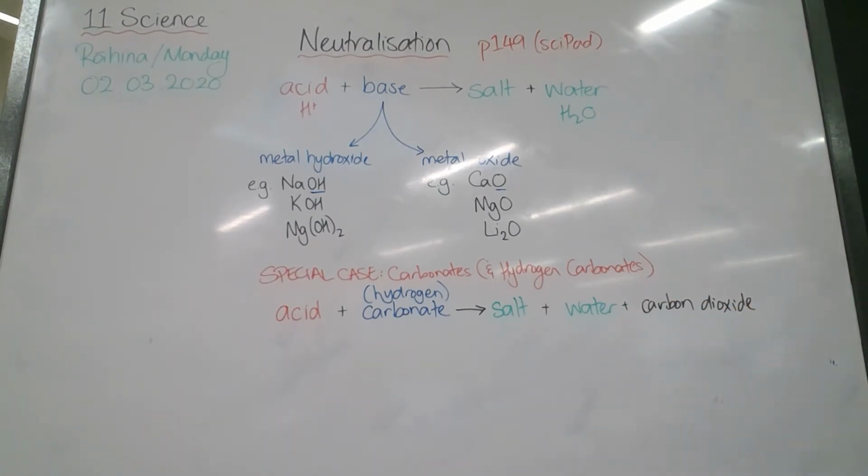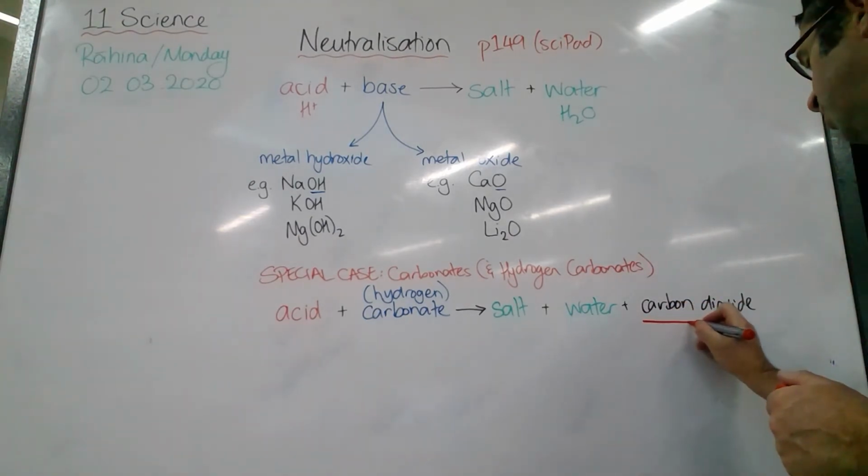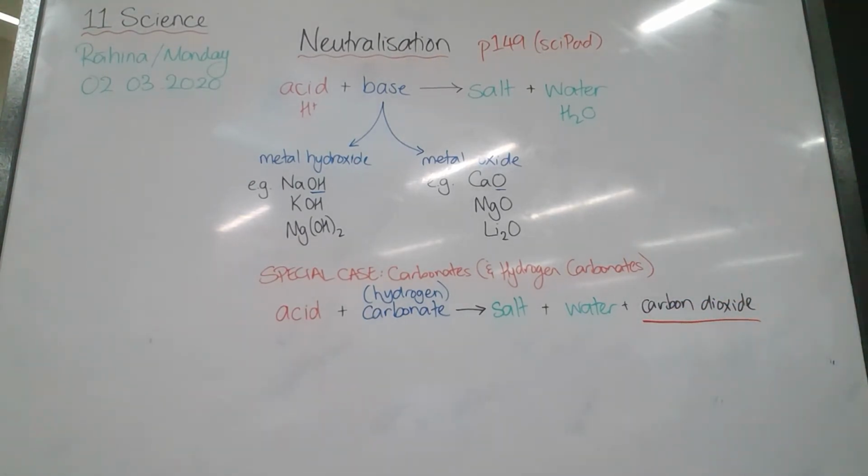So if you have got a carbonate being used, you would say that you'd observe bubbling, which the experiment today should have in it. When the bubbling stops, it's finished neutralizing. That's one of the really cool things about using carbonates, is that you can see when they stop neutralizing because they stop bubbling. So the bubbles are gone.